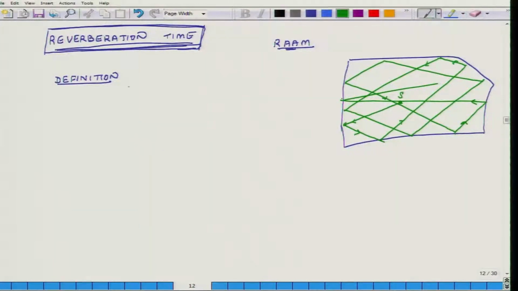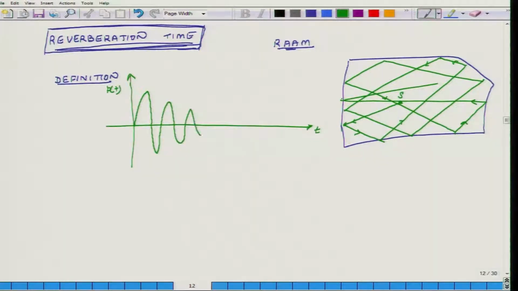If I plot in time, let us say I am plotting pressure, and let us say the sound which is being produced is a pure sine wave. After each reflection it will still remain a sine wave, but its amplitude will keep on decreasing like this, right.